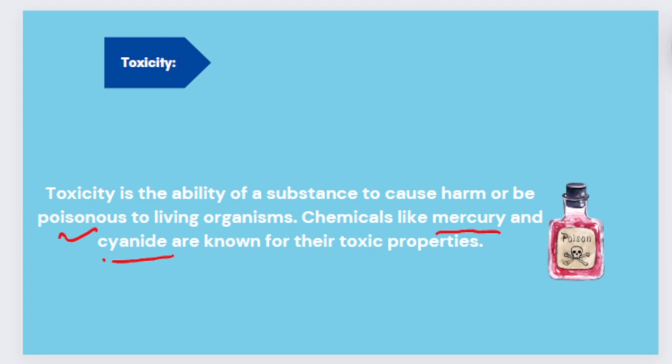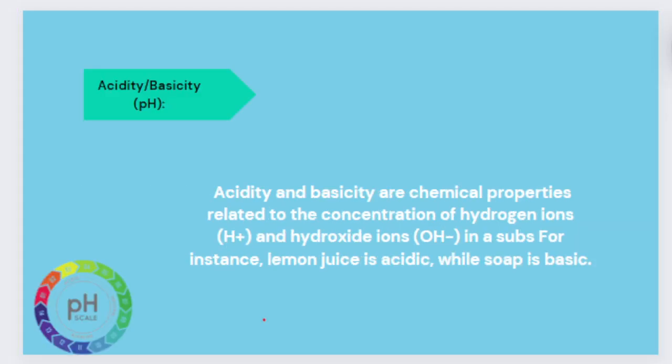Okay. Next example is acidity and basicity. Acidity and basicity depend on the hydrogen ions and hydroxide ions present in a substance. Like lemon juice is acidic, but when we talk about soap, it has a basic character.